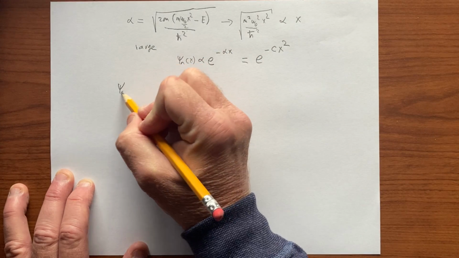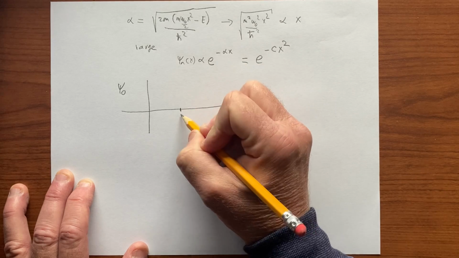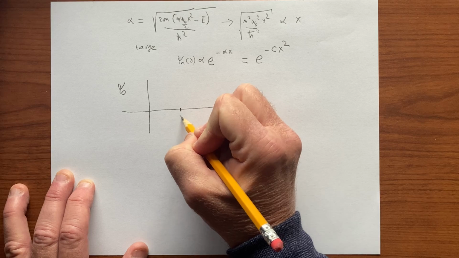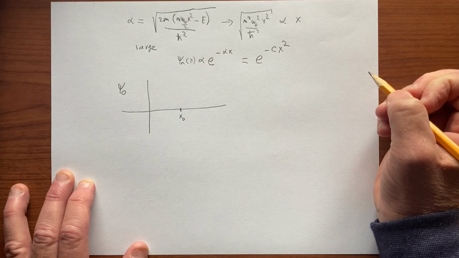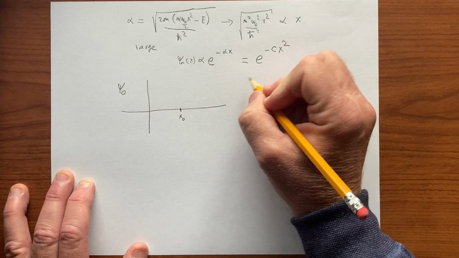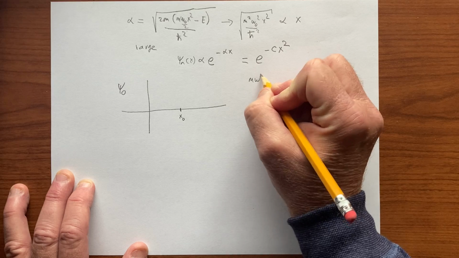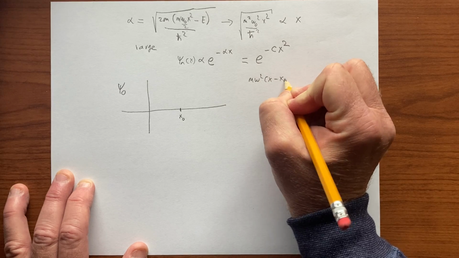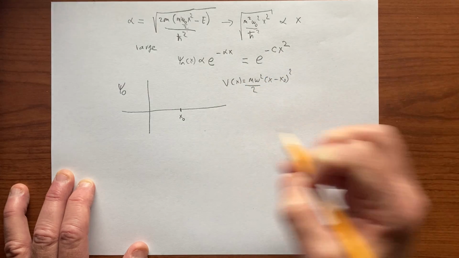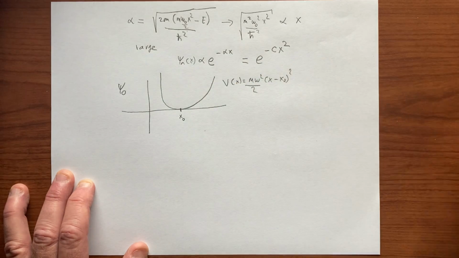And if we draw the ground state, let's say that the potential is shifted such that it goes to zero. The potential is something like m omega squared (x minus x naught) squared over 2. And so it looks like that.